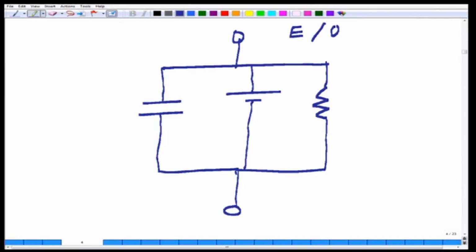This is what we call the electronic model of the cell, or electrical model of the cell. This is also called the equivalent circuit model.